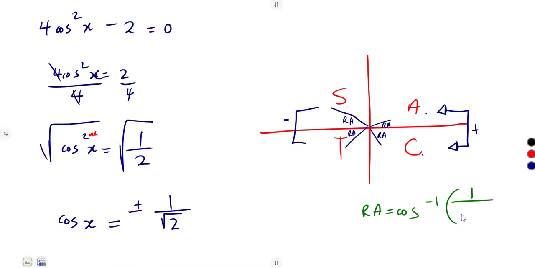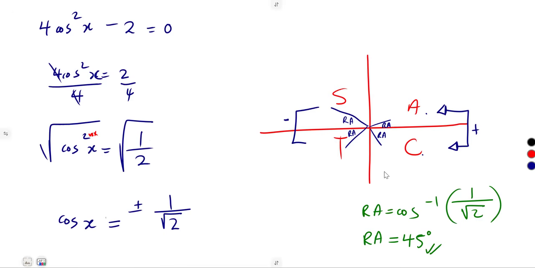You ignore the negative sign that you're given there. This gives us the reference angle, which we are going to use now for each quadrant, which was 45 degrees.